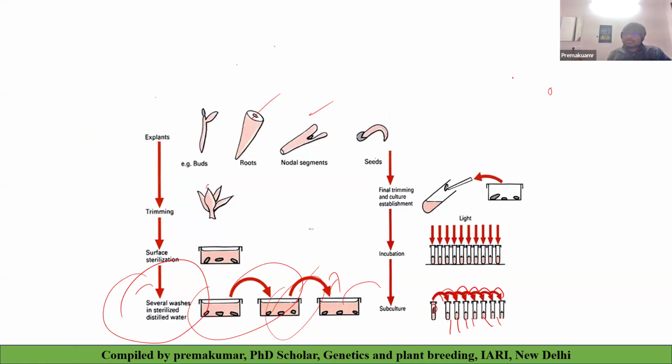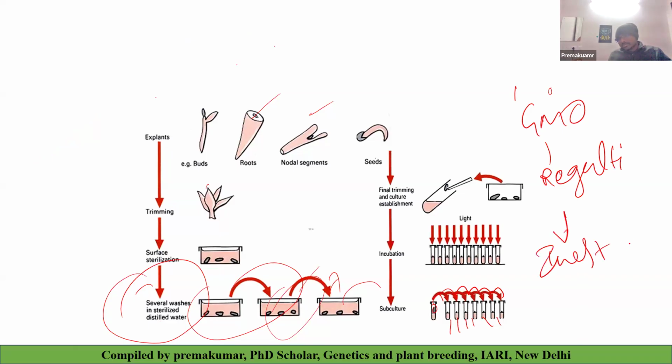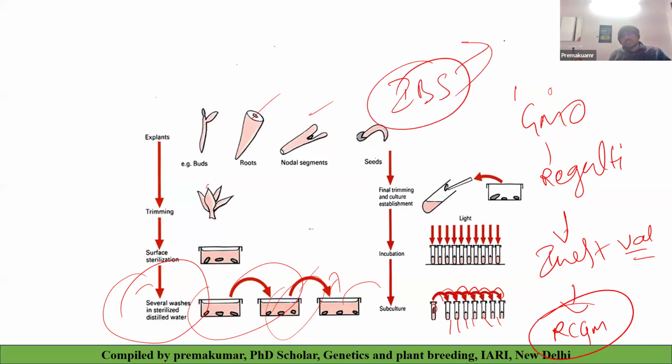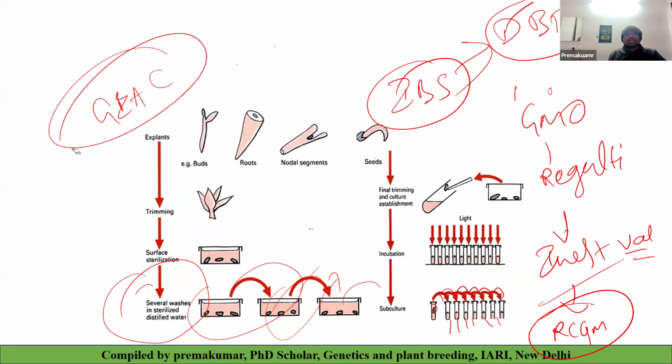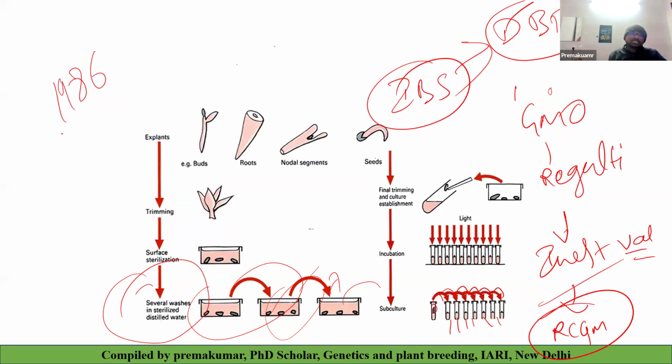Based on what is GMO, what are the regulations of GMO, what are the institutes to evaluate the GMO, what is RCGM, what are institutional biosafety committees, what is the role of DBT in transgenics, what is the role of the Ministry of Environment, Forest and Climate Change in the release of transgenics, what is the review committee on genetic manipulation, what is GEAC, genetic engineering appraisal committee, and what is the Environmental Protection Act, the rules of 1989?